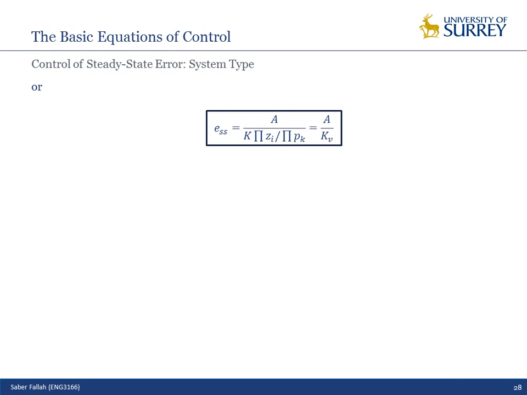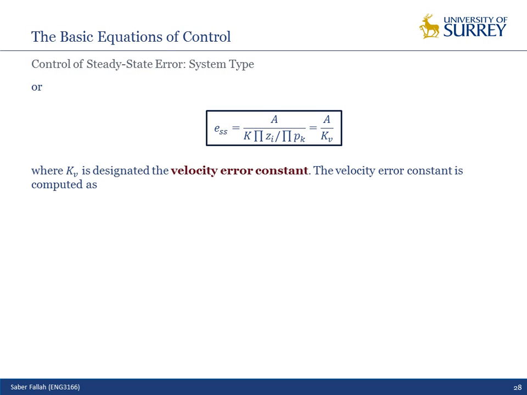If we have Kv equal to a constant, we have a constant steady state error. If we have Kv infinite, we have almost 0 steady state error. Kv is defined as the limit of S DsGs when S goes to 0.